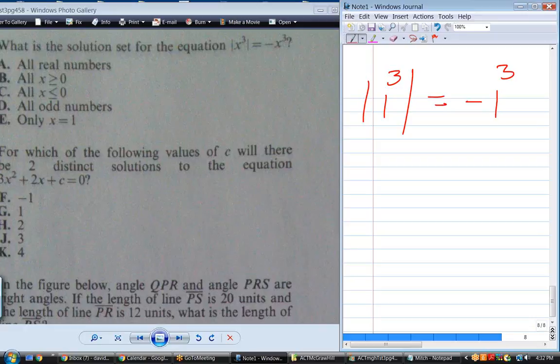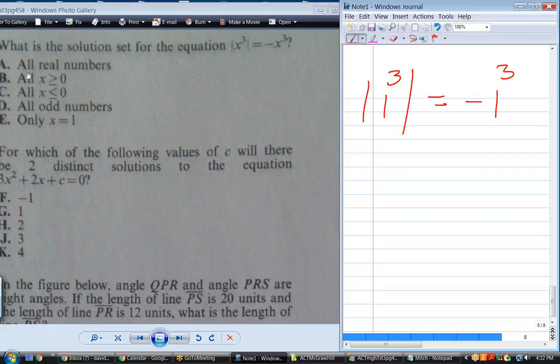No. Okay. So it's not true for 1. In other words, E is definitely not true. All reals? Clearly not. If it doesn't work for 1, it's not going to work for all reals.